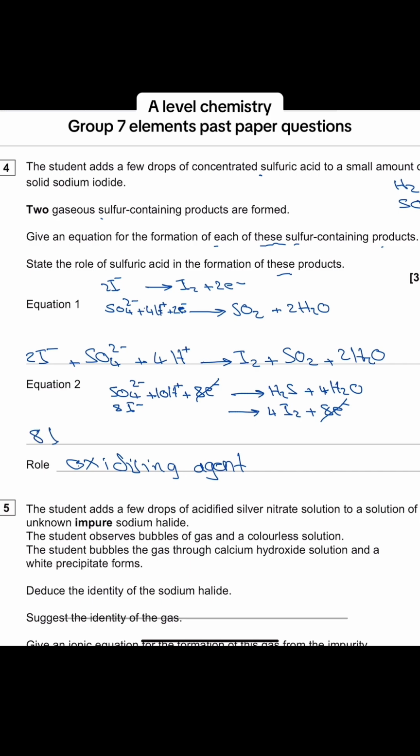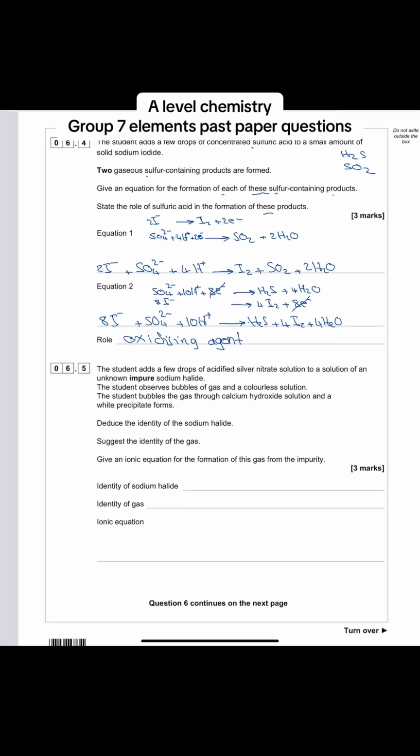So 8 of the iodide plus sulfate plus 10 hydrogens give us hydrogen sulfide plus 4 iodine plus 4 of the water. And this is the balanced equation. We don't need to memorize it. We can just work it out from the half equations.